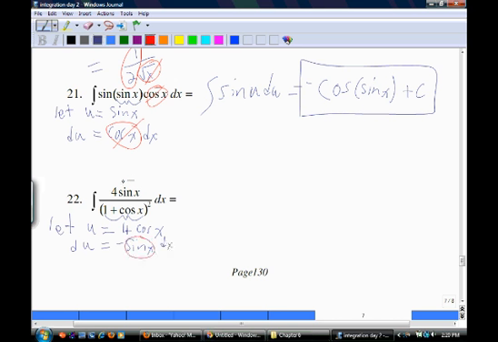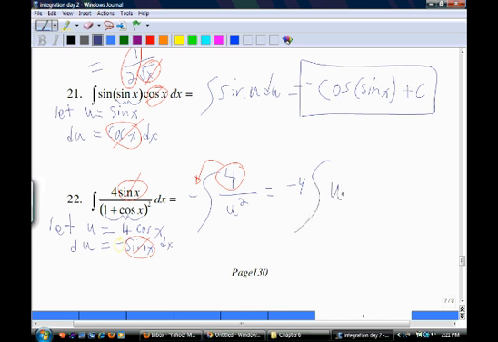which means that I get negative integral of 4 over, and the inside here has become u squared. The 4 we can take out because it's a constant, and I can rewrite this as negative 4 times the integral of u to the negative 2, forgot the du there, du.